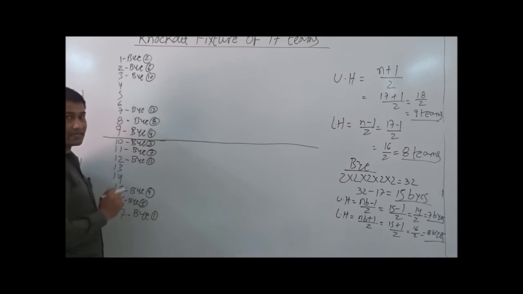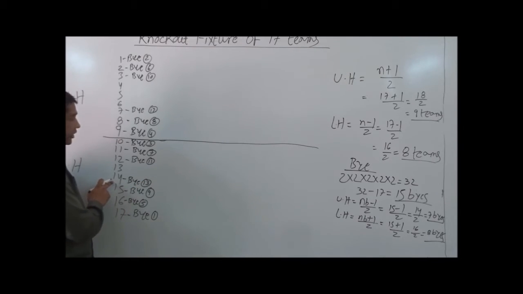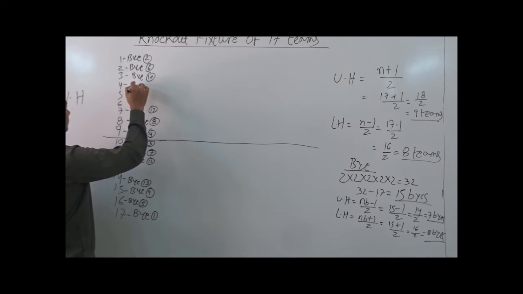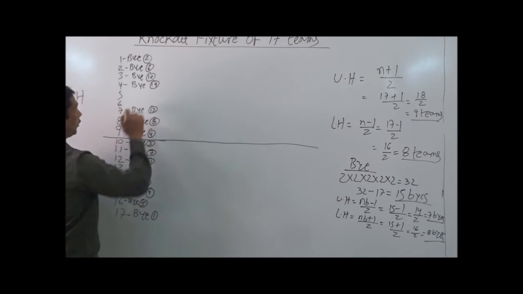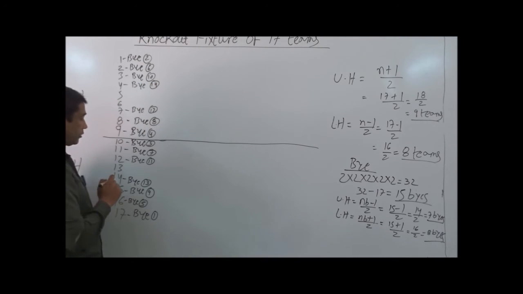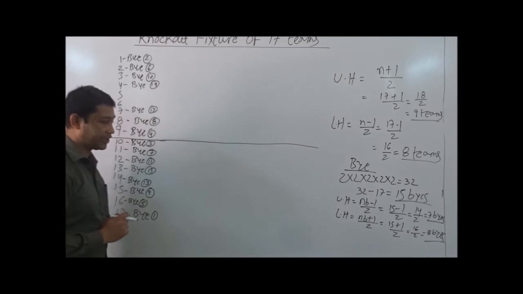Twelfth bye is given to team 7. 13th bye is given to team 14. 14th bye is given to team 4. And 15th bye is given to team number 13.